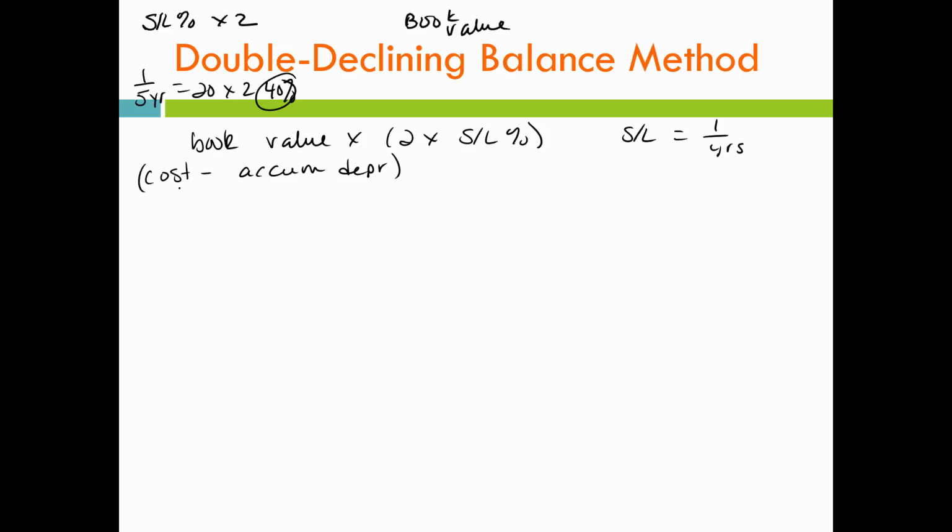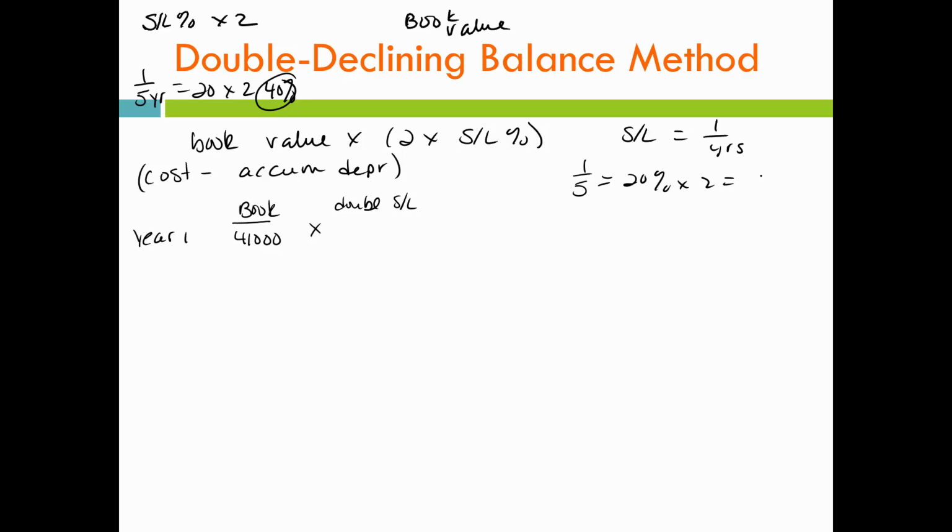So in this example, I'm going to do, let's see, year 1. The book value before I've done any depreciation is $41,000 times double the straight line rate. So in this case, 1 over 5 equals 20%.